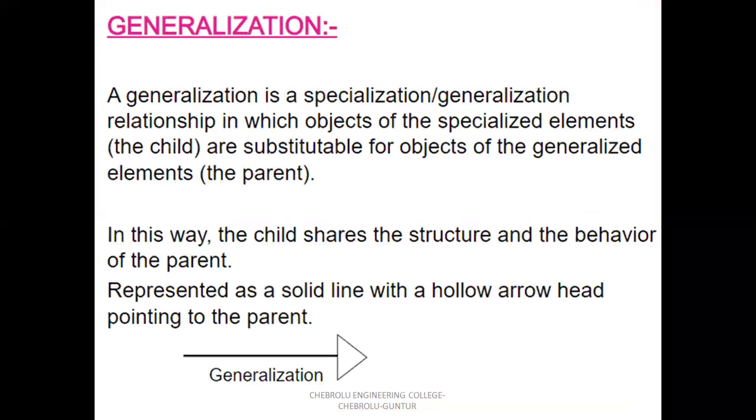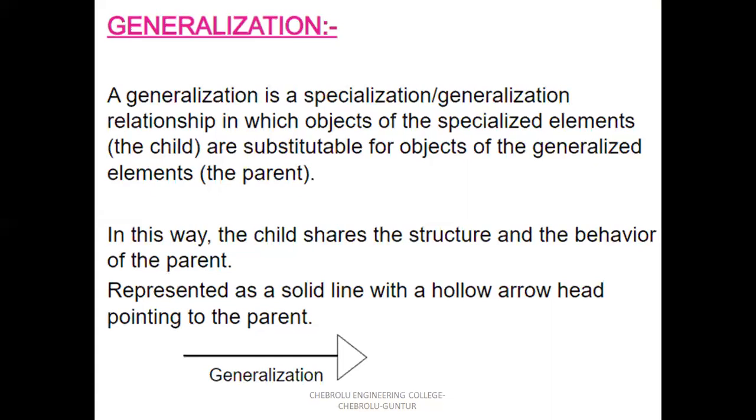Next one, generalization. Generalization is a specialization relationship in which objects of the specialized element, the child, are substitutable for objects of the generalized element, the parent. For example, the relationship between children and parent. The properties of the parent are automatically included in the children. In this way, the children share the structure and behavior of the parents.